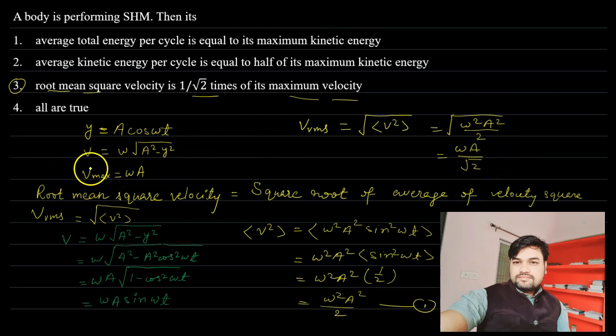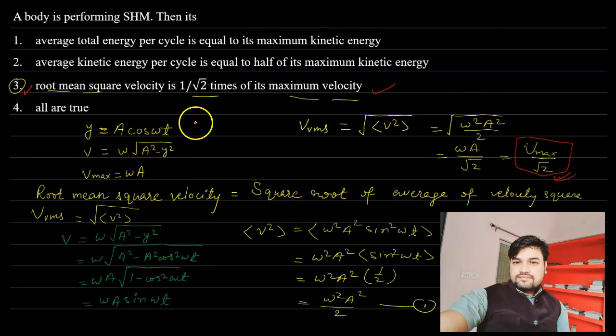Omega a is the maximum velocity, so Vrms is Vmax divided by root 2. So the third statement, root mean square velocity is 1 by root 2 times its maximum velocity, is correct.